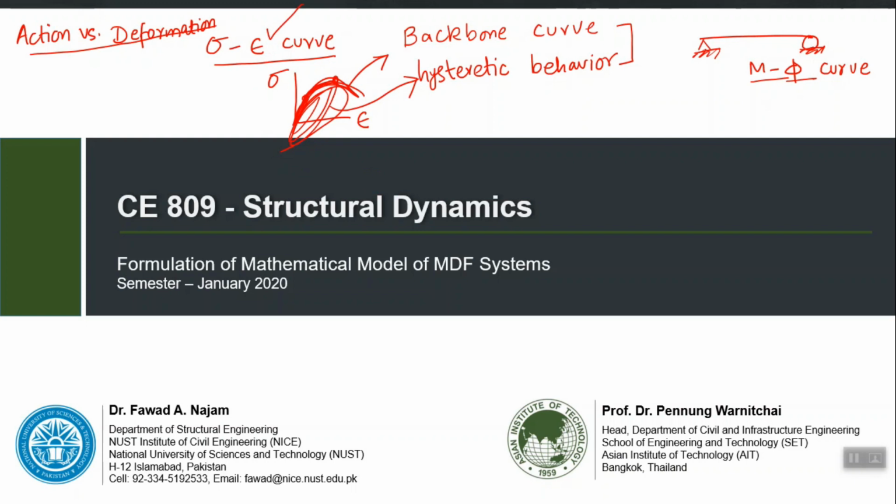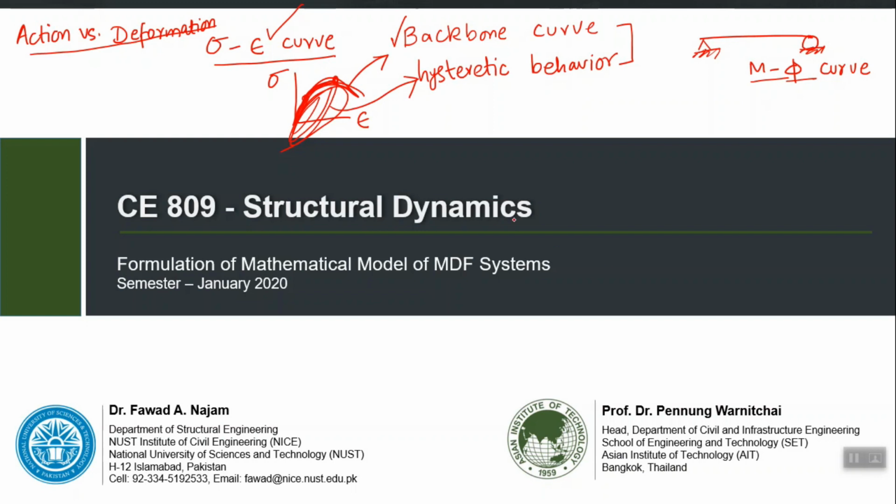So you are telling the program how this material is going to behave if it is loaded in a monotonic manner, and at the same time how the same material should behave if it is loaded with repeated cycles of loading in both directions. So the hysteretic behavior is always attached to the main backbone curve. The actual action deformation curve, the monotonic one, is sometimes referred to as the backbone curve.